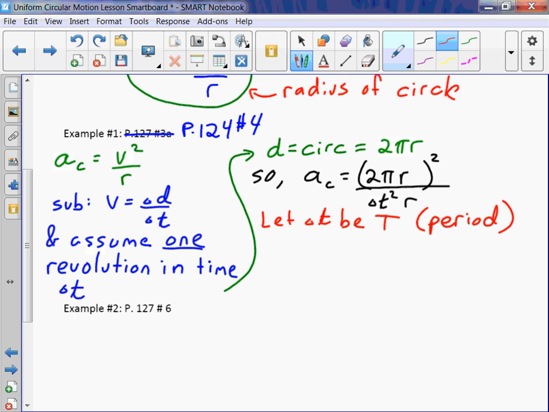We're going to let delta t be T, capital T, which is the symbol for the period of rotation. Okay, so it's the time to go once in a complete circle.